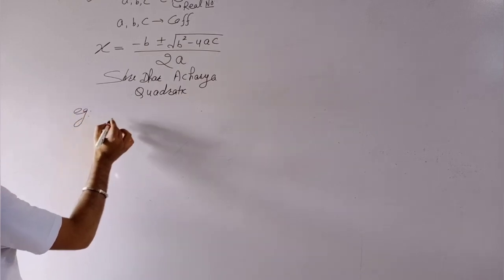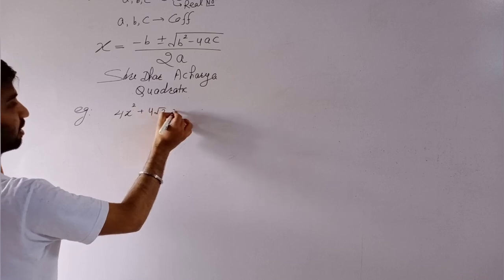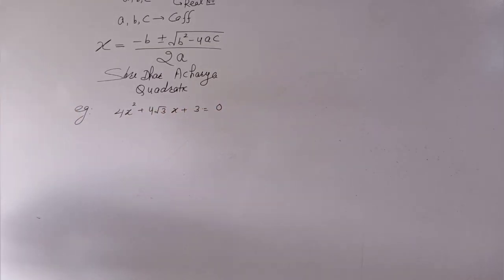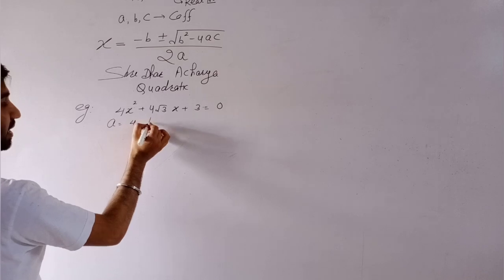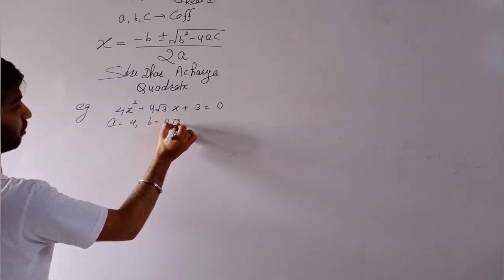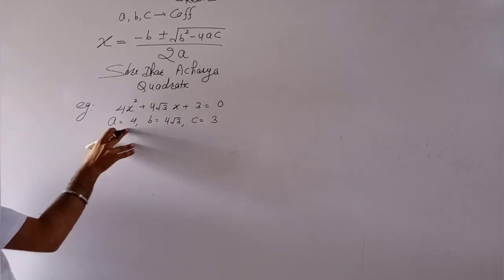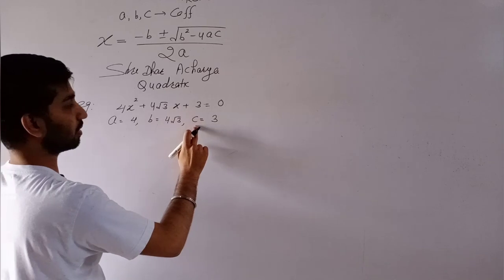Now, for example, our quadratic equation is 4x square plus 4 root 3x plus 3 is equal to 0. Coefficient a is the coefficient of x square, 4, b is the coefficient of x, 4 root 3, and c is the constant term, 3.